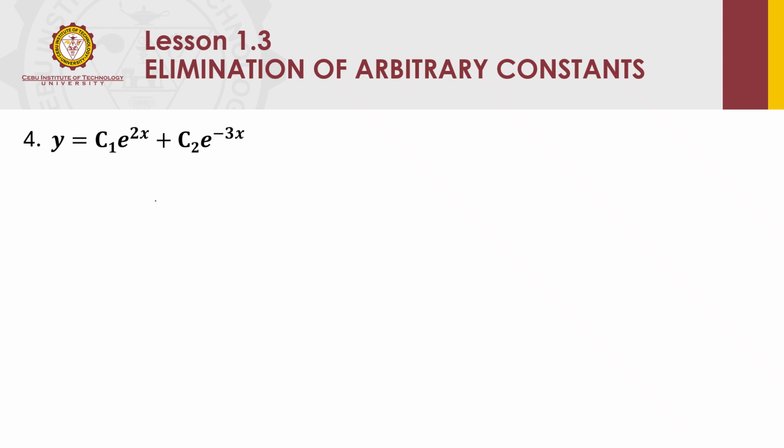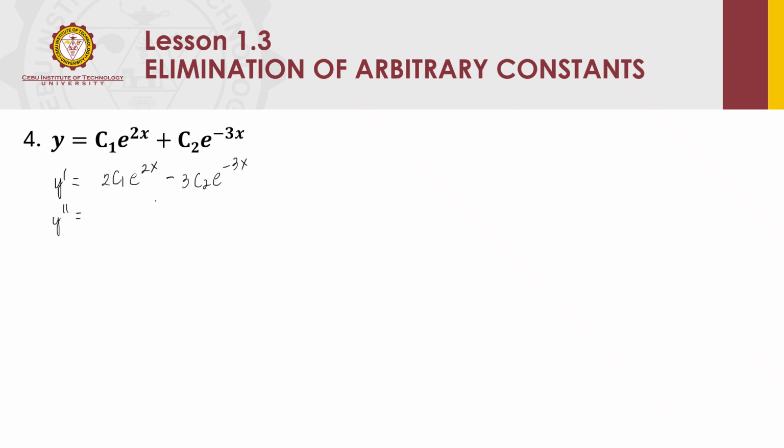Okay, so let's start with the first derivative. So y prime is 2c1 e to the 2x, right? And then we have minus 3 c2 e to the negative 3x, negative 3 from the derivative of the exponent negative 3x. And if we're going to get the second derivative, we'll have the same terms containing C1 and C2 also, but of course with different numerical coefficients.